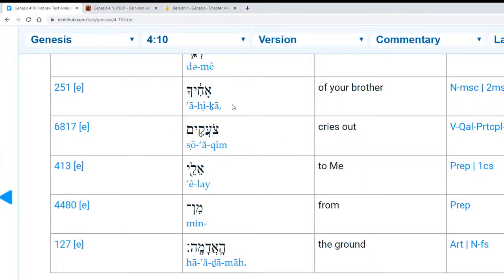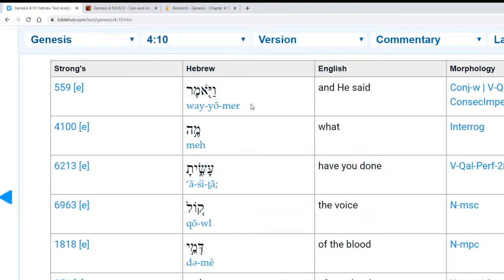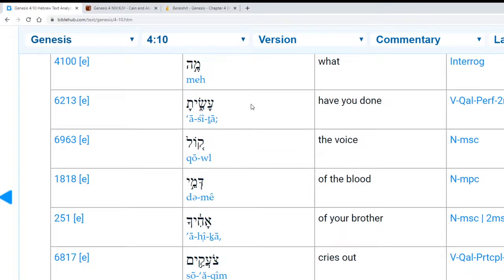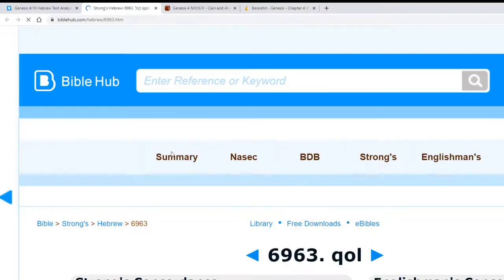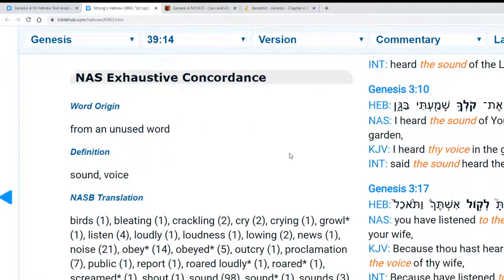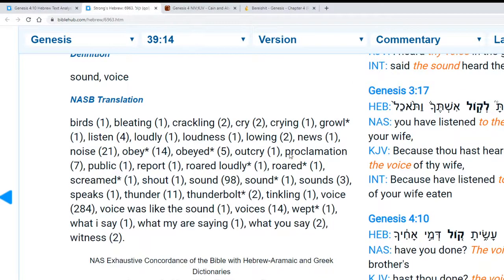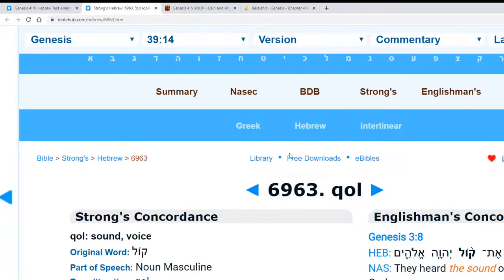Deme achicha tzoakim alai, min ha'adama. I think I'm going to have to go with the King James myself. It does make sense to me that this is one smichut, and it does not make sense to me that kol should be translated here as listen. I don't know why they would do that.